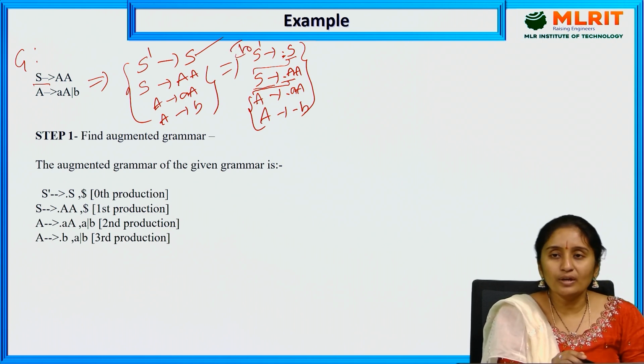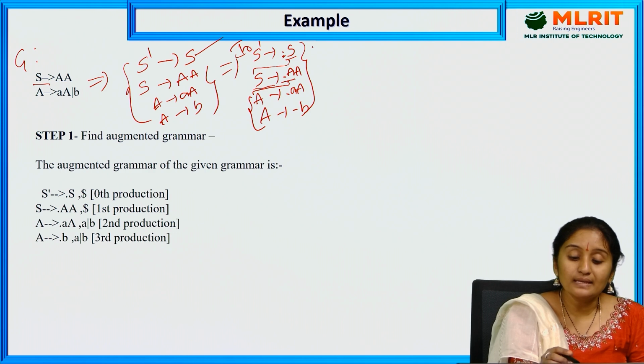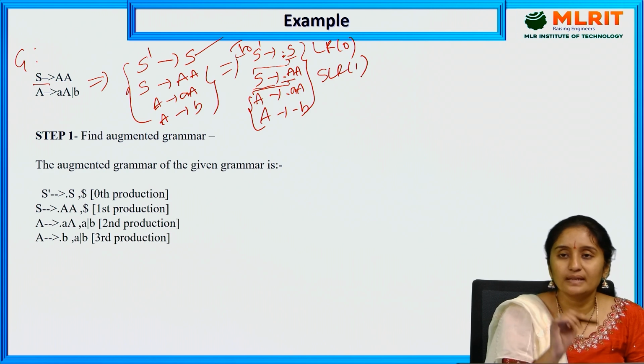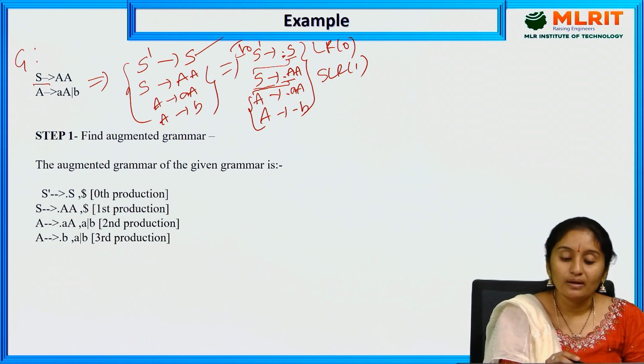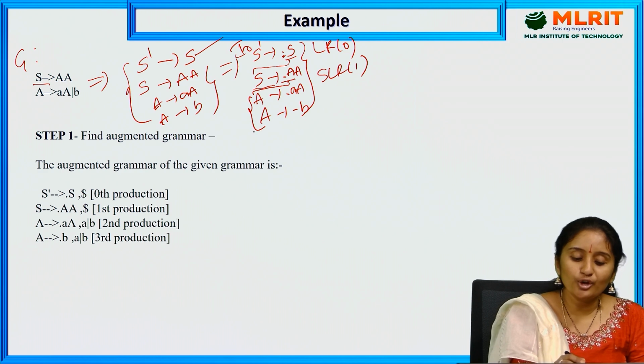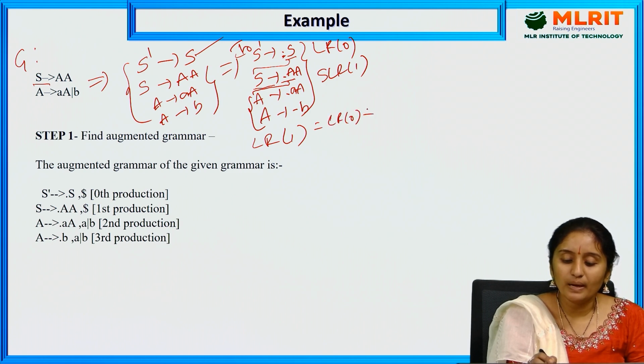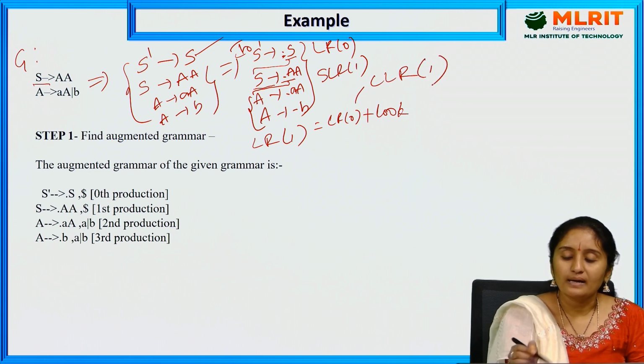Now what are we going to do? Till here we have done the same in the LR(0) parser and SLR(1) parsing table. But coming here, we are going to calculate LR(1) items. LR(1) is nothing but LR(0) plus the lookahead that we are going to maintain, as it is a canonical LR parser.